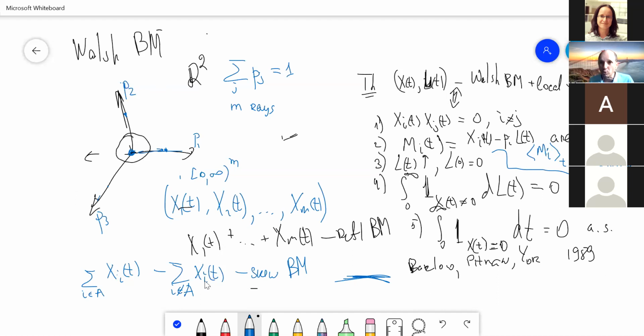And let me remind you of my random walk. I add some coordinates and I subtract other coordinates. Do you remember random walks with a label, plus or minus?